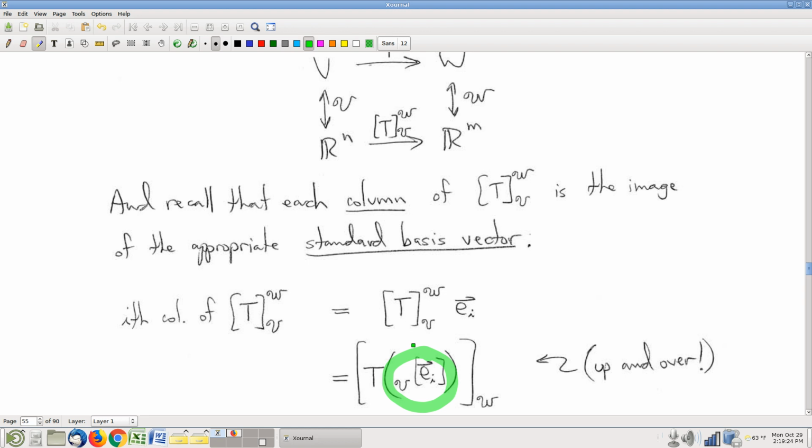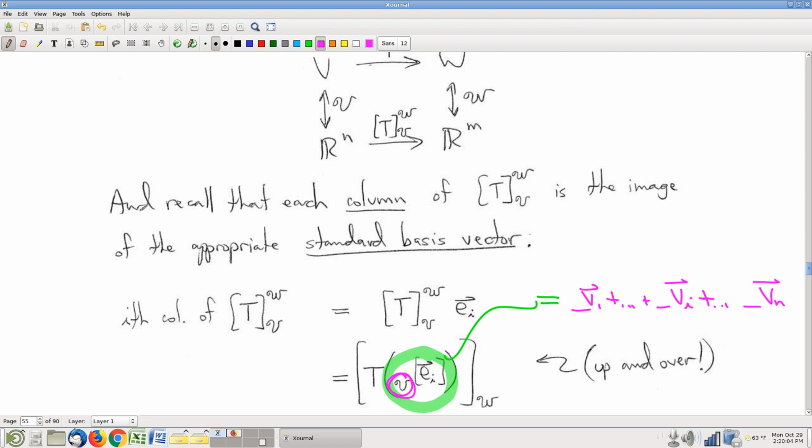When we write EI, that means a list of mostly zeros with a 1 in the ith position. That's what this is. Right, so we're going to take these basis vectors, V1, etc., and then there's a VI in here, and then through Vn.